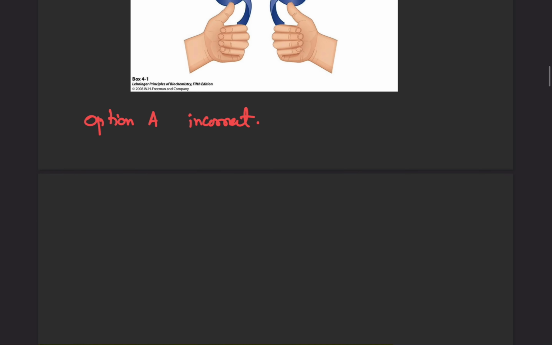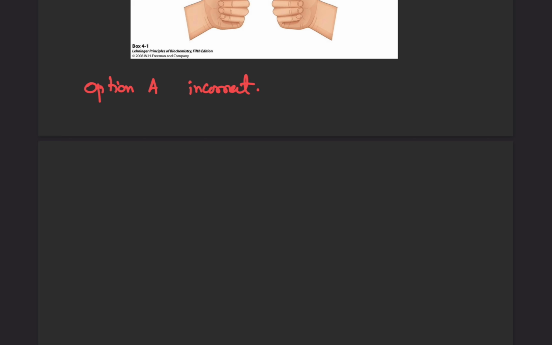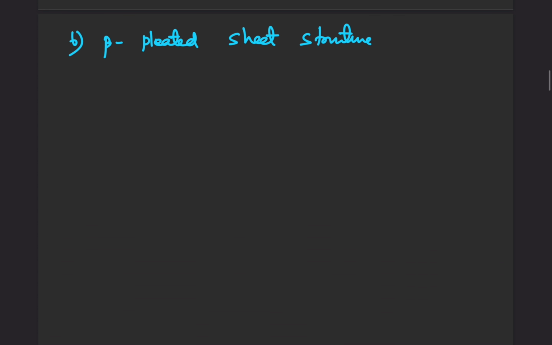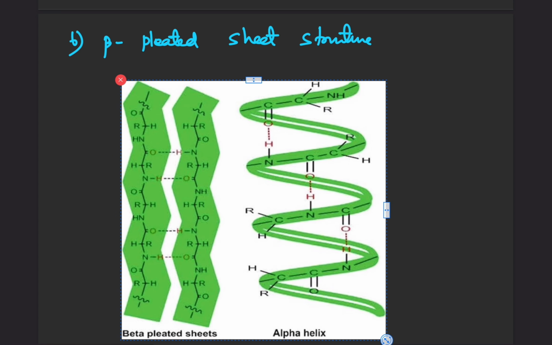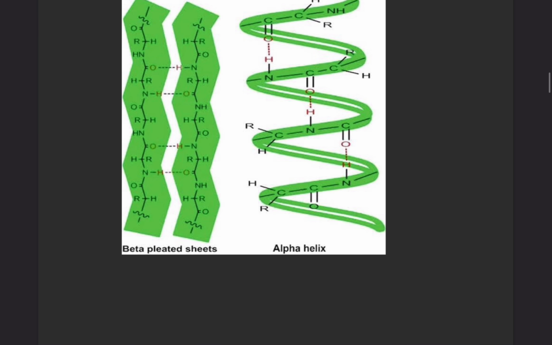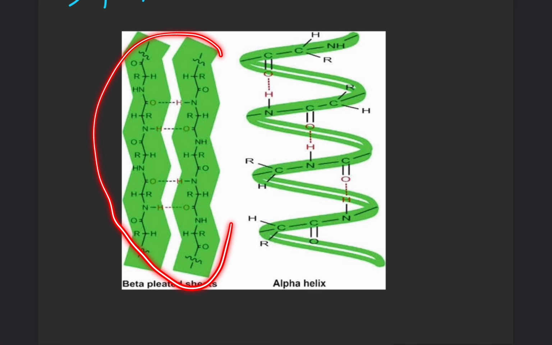The second secondary structure that is possible is the beta pleated sheet structure. Okay, so we'll see that using a diagram. Yes, so these are the beta pleated sheets.